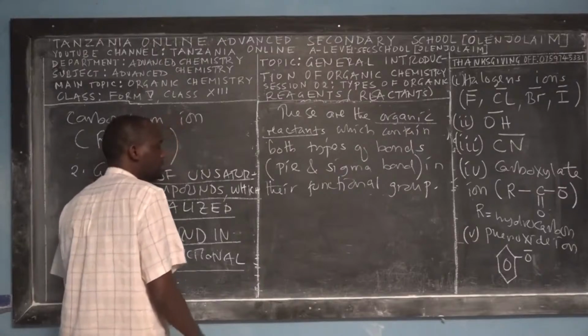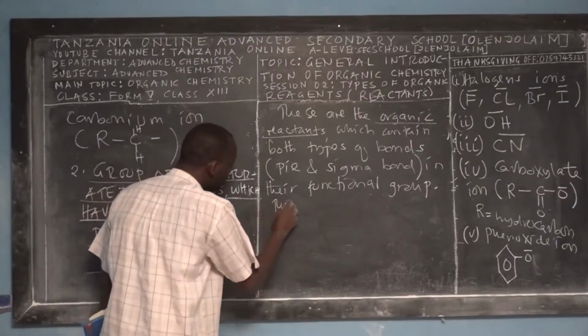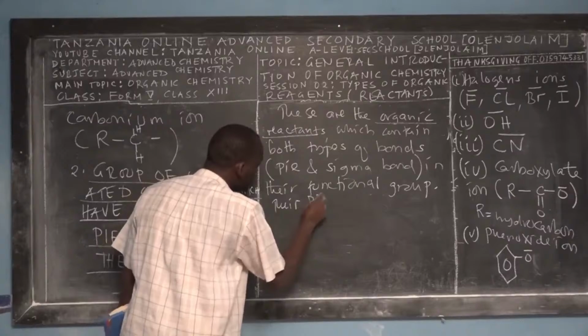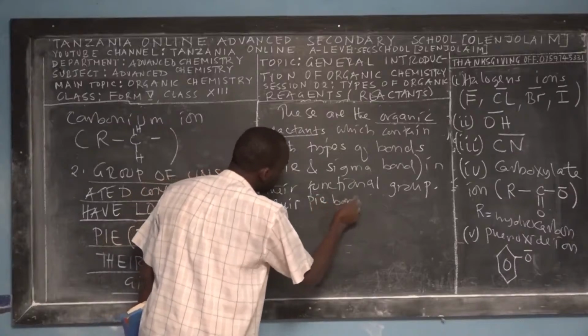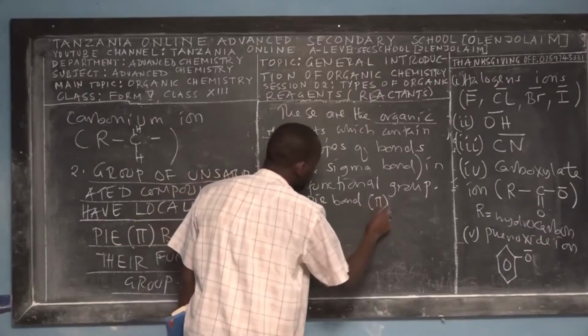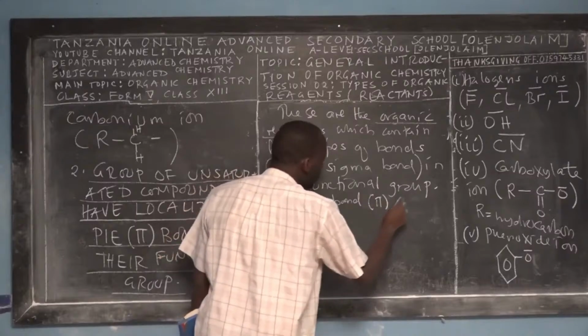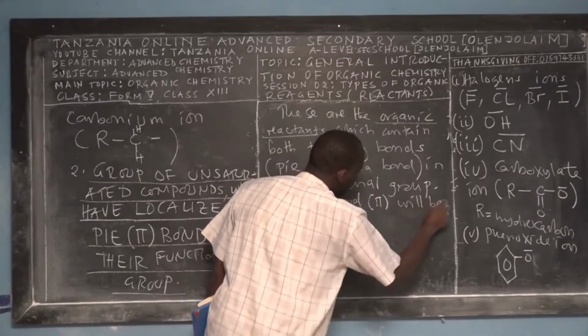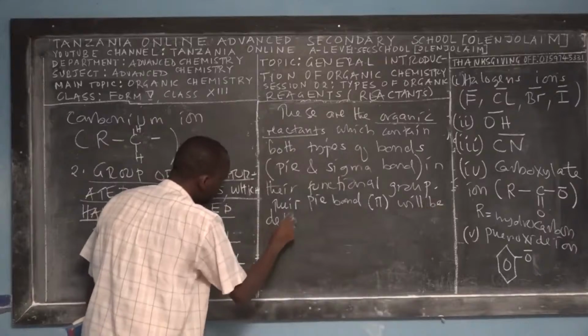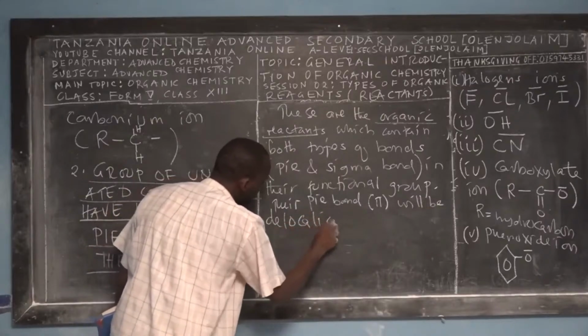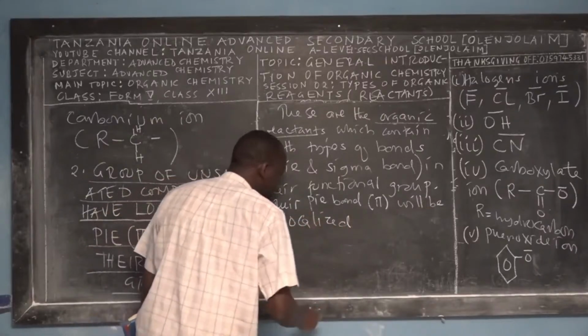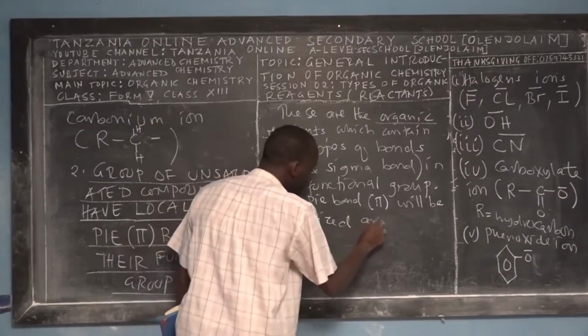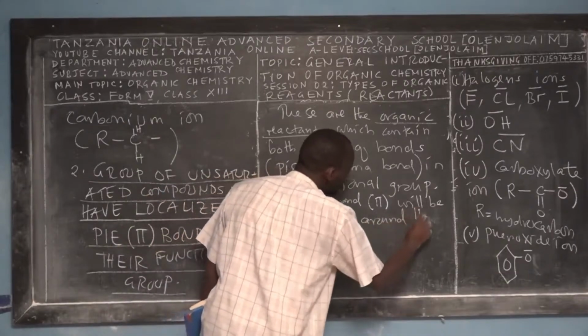But what happens? Their pi bond will be delocalized around the compound. Delocalized means the position is spread around the compound.